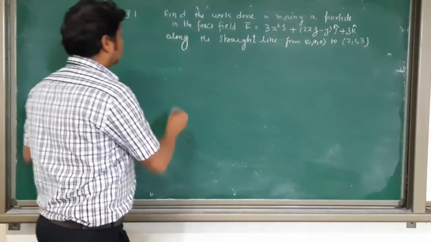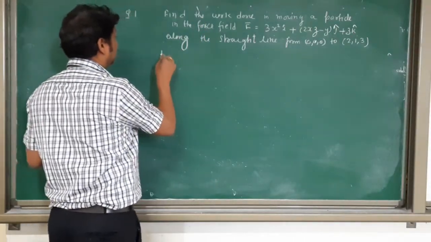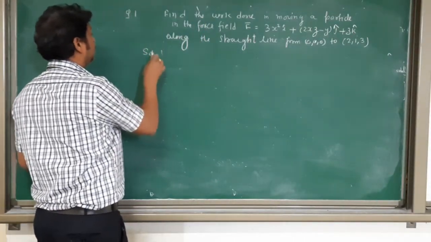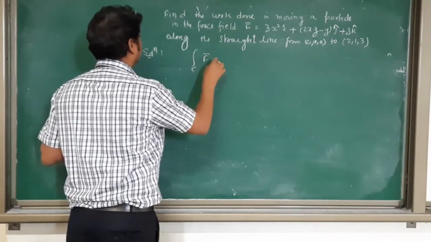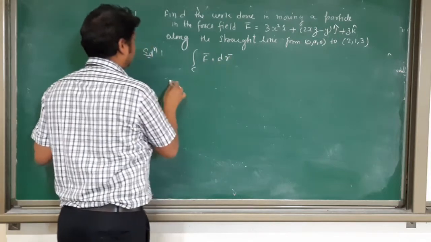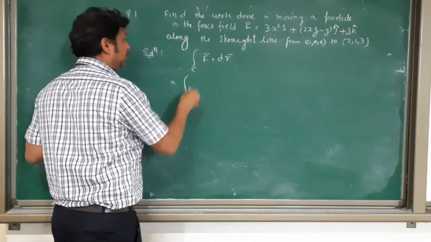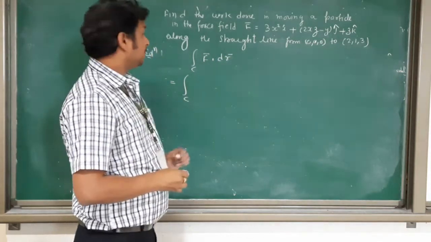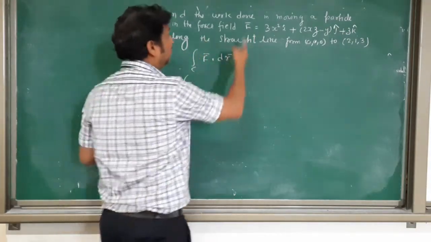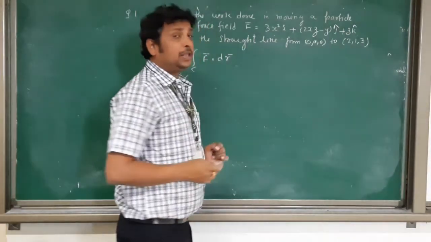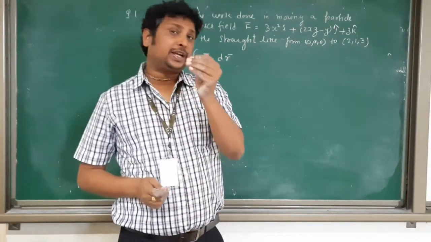So how do we do it? First step, find out F dot dr. Always do this first: calculate F dot dr. F is given, so F dot dr means i with i, j with j, k with k.